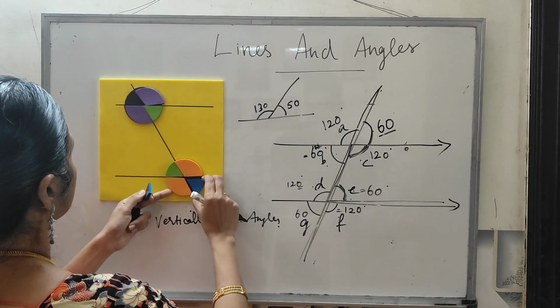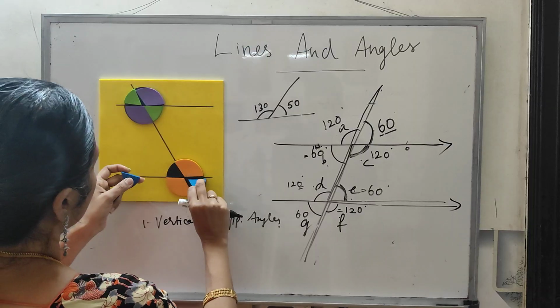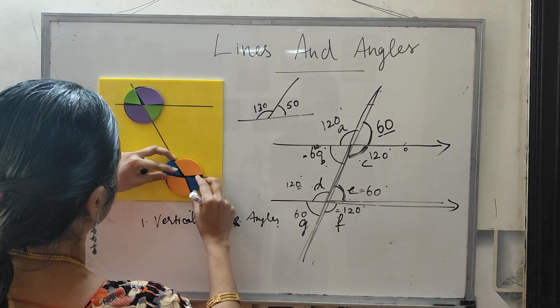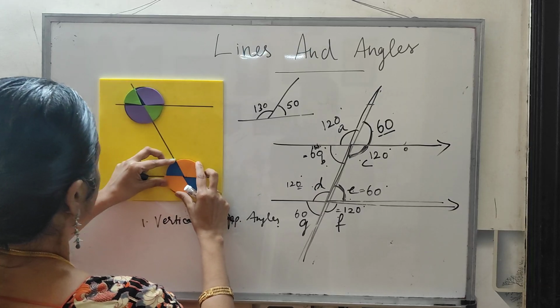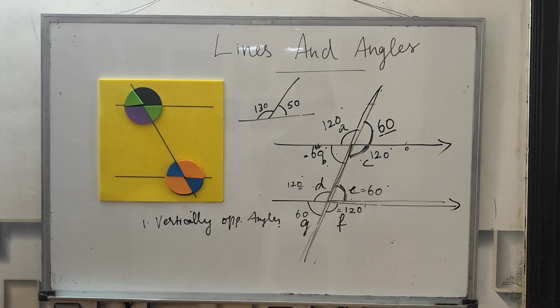This one, where is this? This is vertically opposite and equal. Again these both are vertically opposite. So I think you understand better now, right? Okay, so vertically opposite angles are equal.